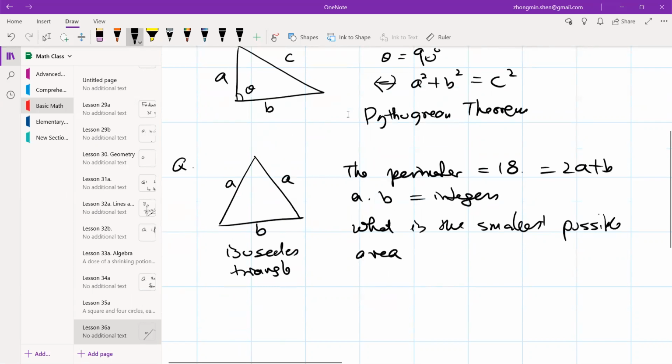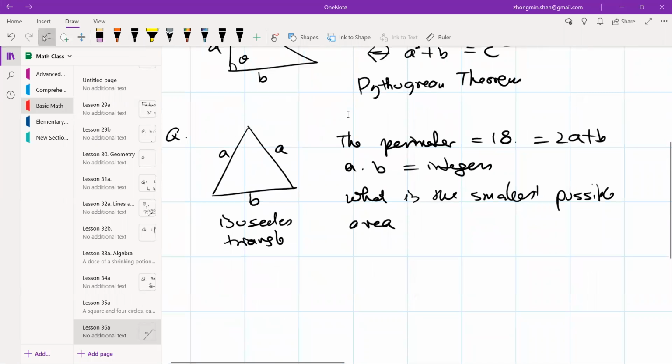So how do you solve this big problem? When you see a problem like that, you have to make sure how many possible triangles you can have. First of all, we look at the triangle inequalities for forming a triangle.